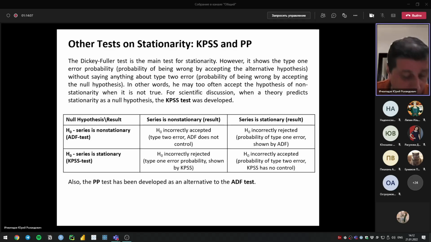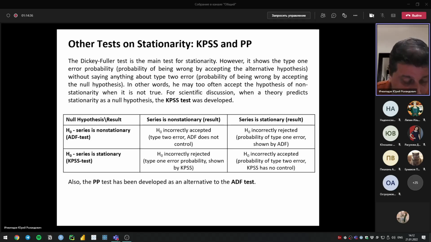The simultaneous application of these two tests gives rise to uncertainty and discussion, and it is sometimes understood that this uncertainty cannot be resolved in any way. Here the logic is such that if, according to some theoretical assumptions, you have reasons to believe that these indicators should be stationary, then you apply the KPSS test.